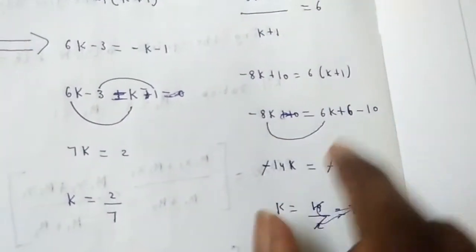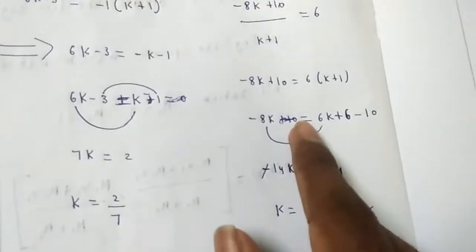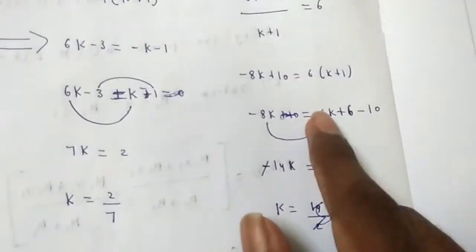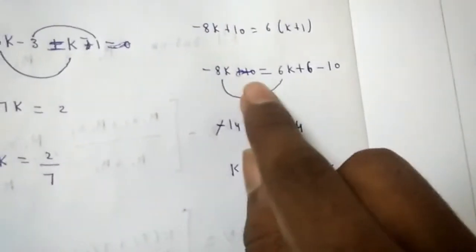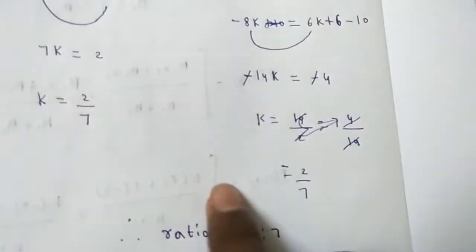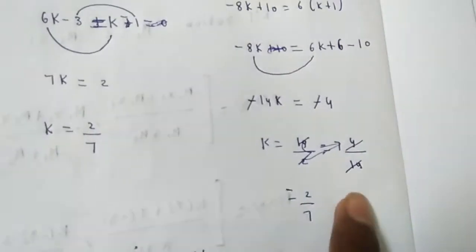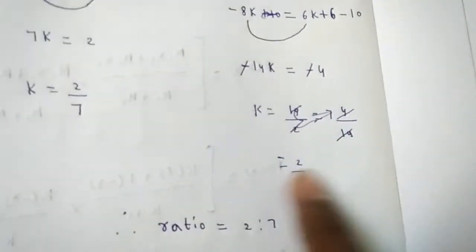Bringing the terms across, -14k is equal to -4, so the minus signs cancel and k is equal to 4 by 14, which is 2 by 7. So the ratio is 2 is to 7.